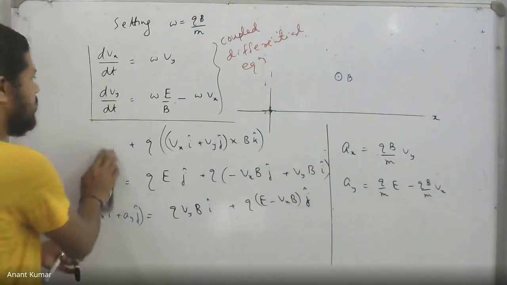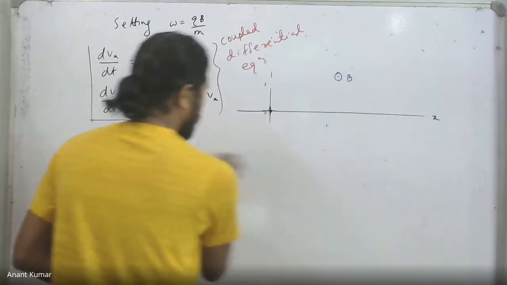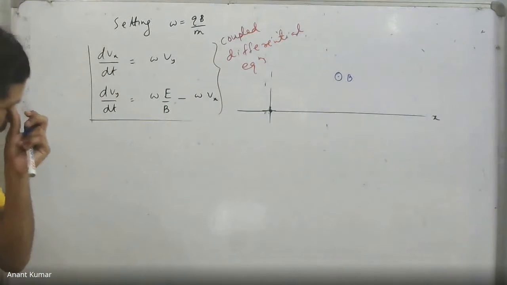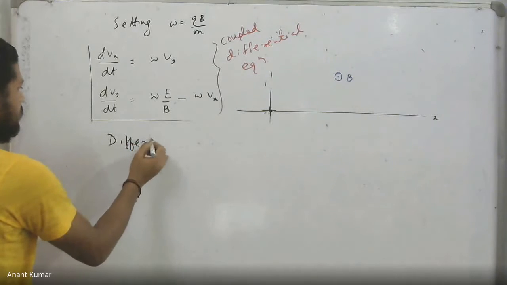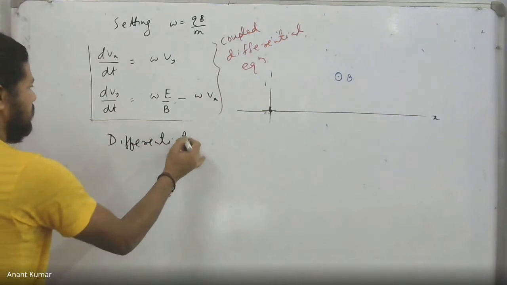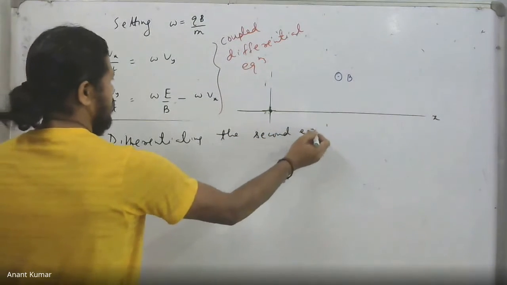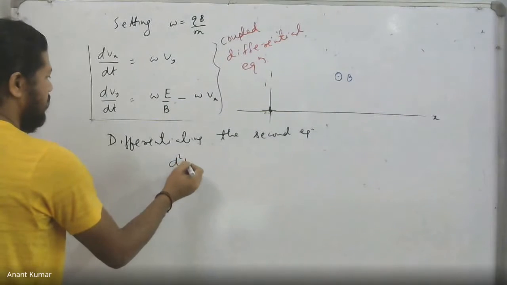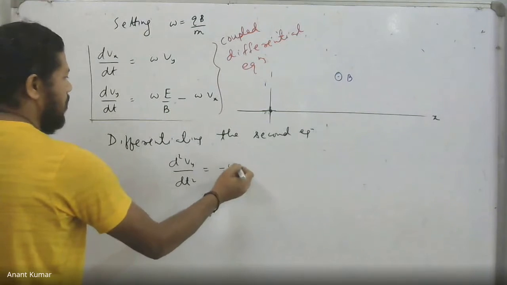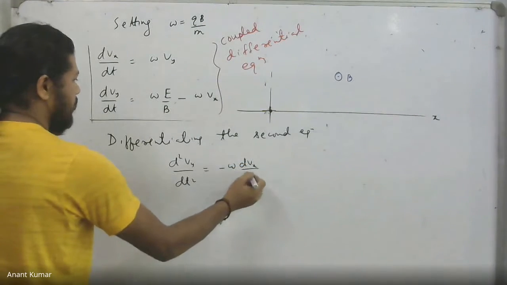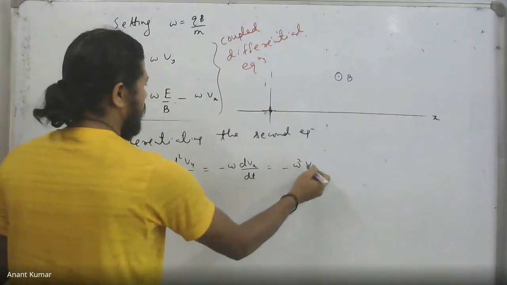So we need to decouple them, and the way that we do it is by differentiating the second equation once with respect to time. We end up getting d2Vy upon dt square equal to minus omega into dVx by dt. But dVx by dt is omega into Vy, so I get this.